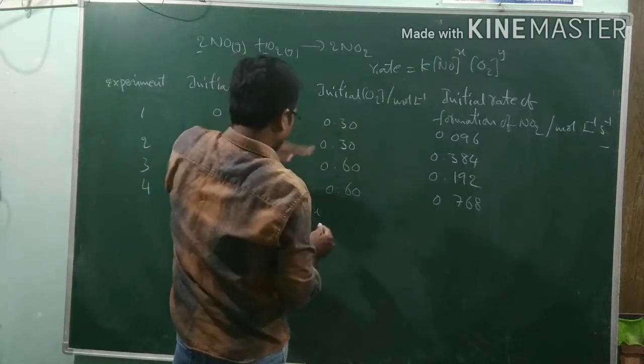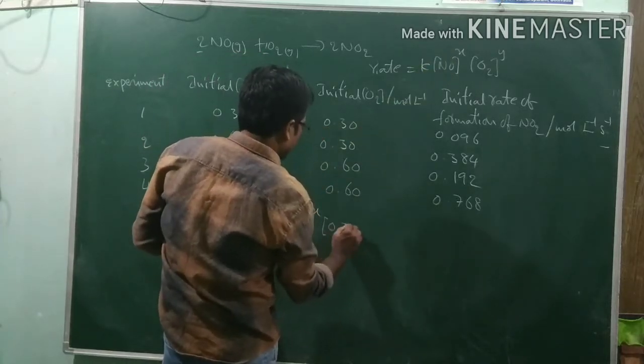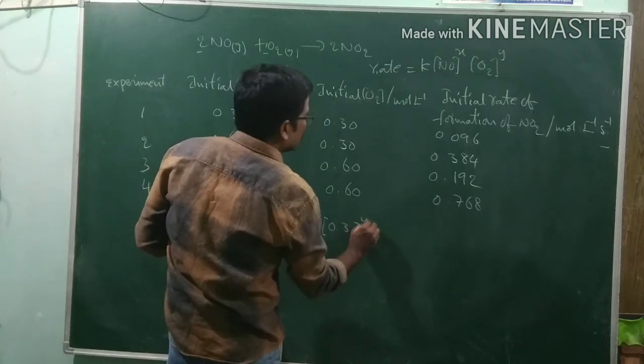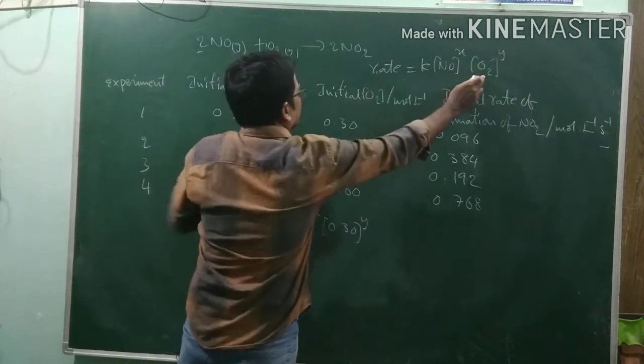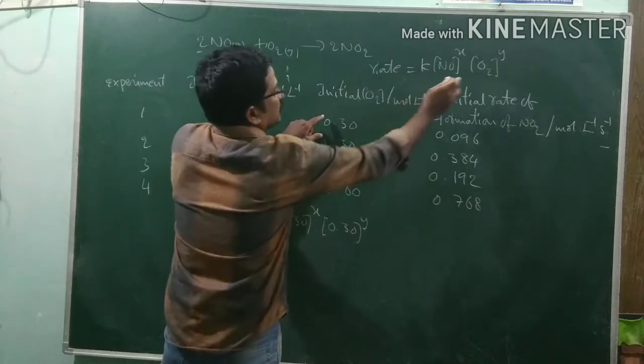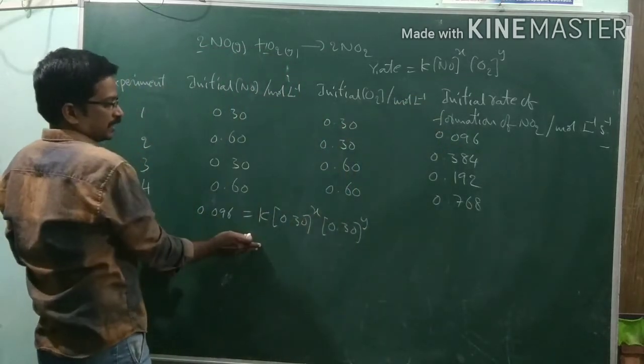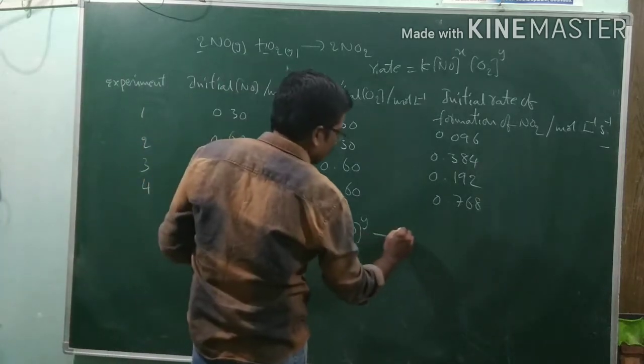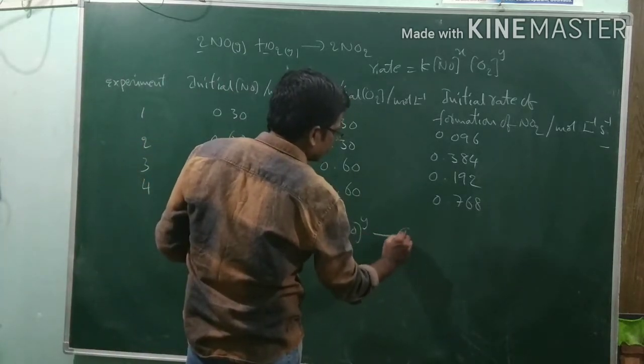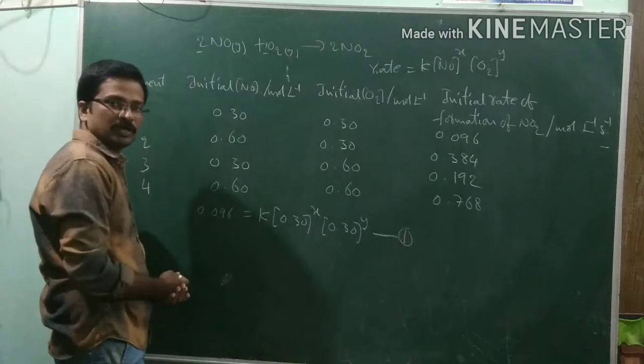Next, write 0.30 to the power of y, since the concentration of O2 is like this for this one. You may call this equation number 1.